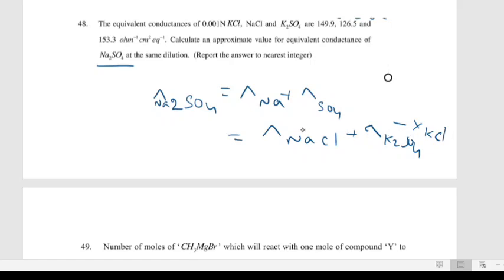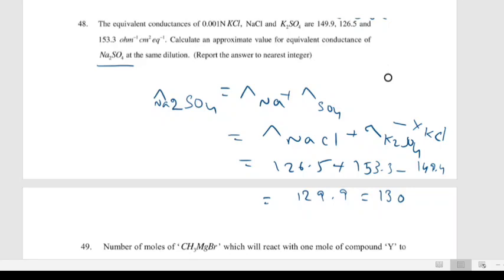All are equivalent conductances. So here we are getting 126.5 plus 153.3 minus 149.9. Approximately you will get the value as 129.9. That means 130. We have to write it as an integer answer.